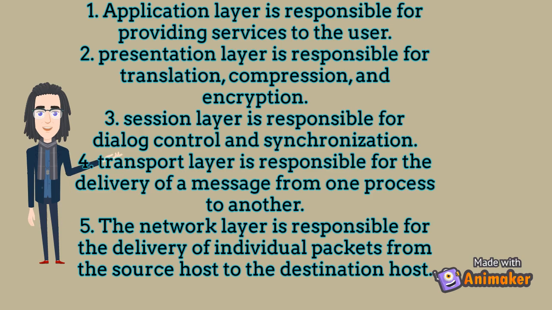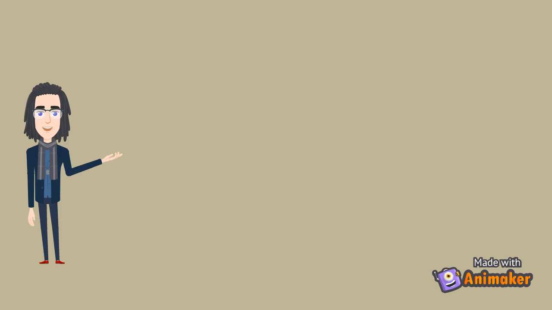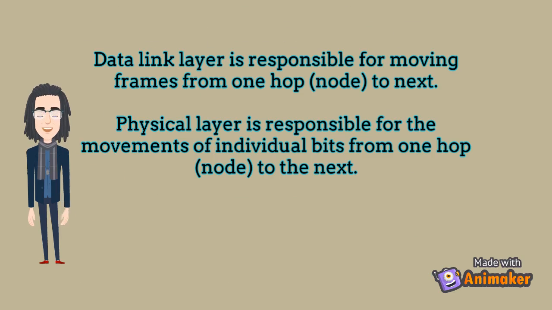The network layer is responsible for the delivery of individual packets from the source host to the destination host. The data link layer is responsible for moving frames from one hop node to the next. The physical layer is responsible for the movement of individual bits from one hop node to the next.